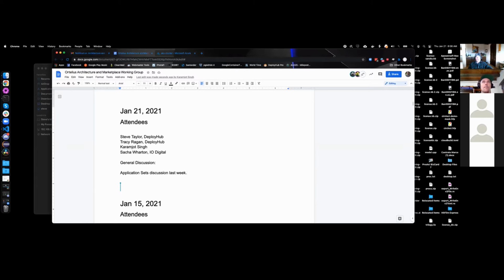It'll have MySQL, and it'll do 3 or 4 other steps to install WordPress on a Kubernetes cluster. So that was interesting from the Spinnaker side, that components are actually part of the Helm chart.